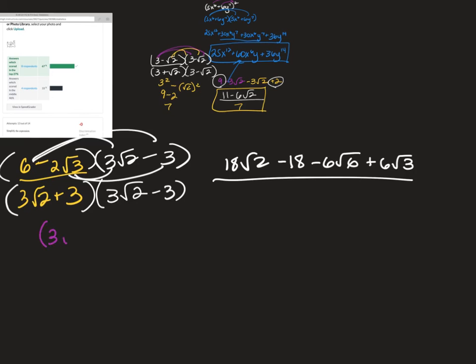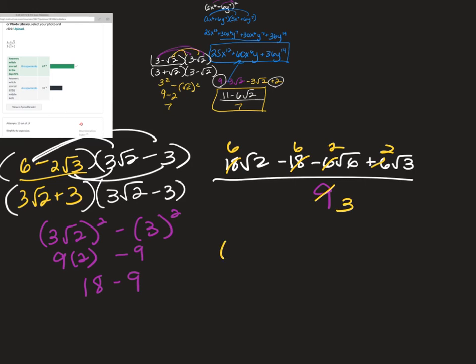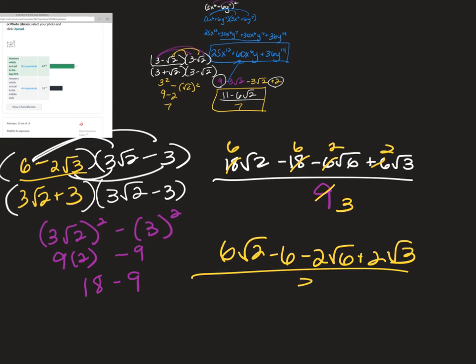And then the denominator, square the first, square the last, put a minus between them, and you should have gotten 9 times 2, which is 18, minus 9, which is 9. And then all of these terms were divisible by 3. So some of you just divided some of it. You should have gotten 6 root 2 minus 6 minus 2 root 6 plus 2 root 3 all over 3.